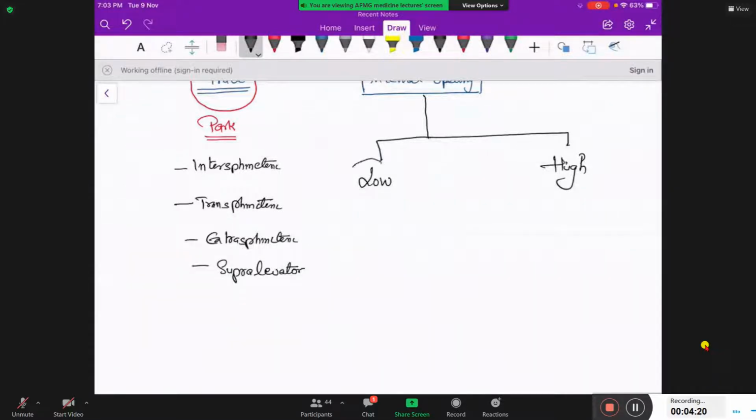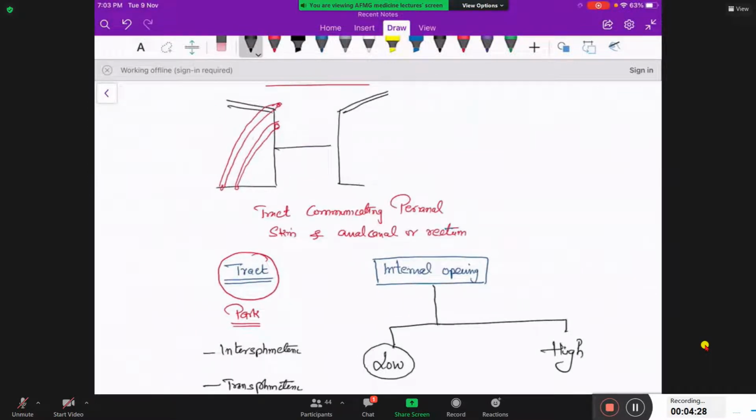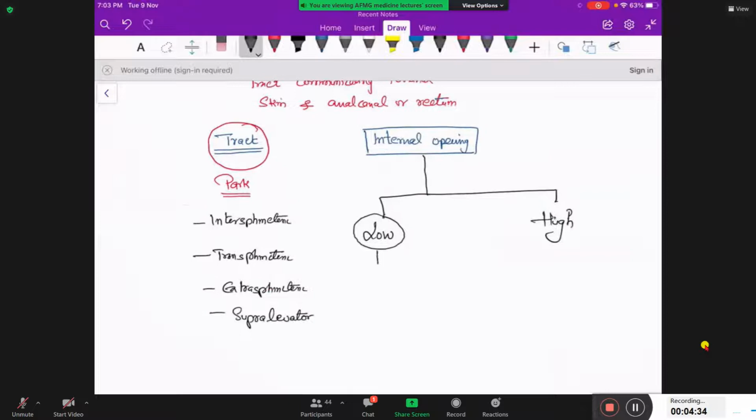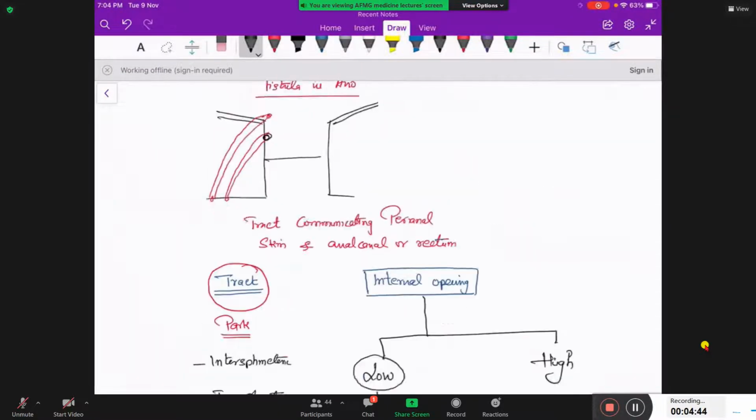It is called low type, important, when the internal opening is below the puborectalis muscle, like this.